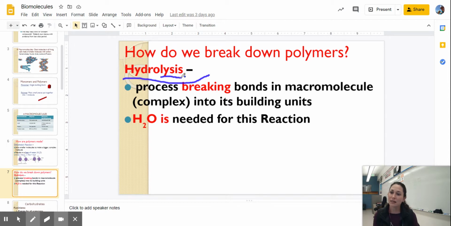The lysis part means to break, and hydro means with water. So we're breaking something with water, and the way that we do that is we add water back in to a polymer. It breaks the bond between the monomers, and we have simple little molecules floating around that our bodies can digest.